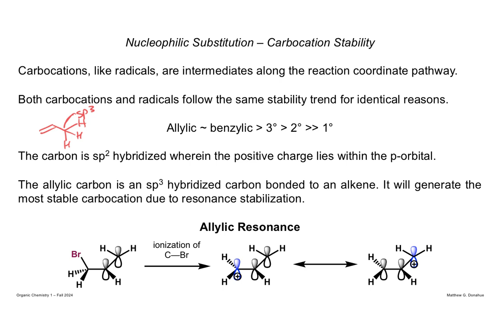The allylic carbon is the one that's bonded to the sp2 carbon of an alkene. Benzylic is the same thing, except now it's a benzene ring. So those will always sort of take precedence in terms of stability. And then the trend is tertiary is greater than secondary is greater than primary.